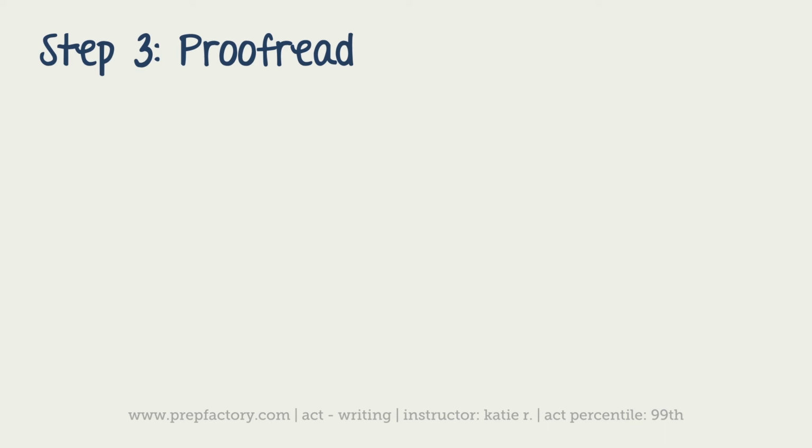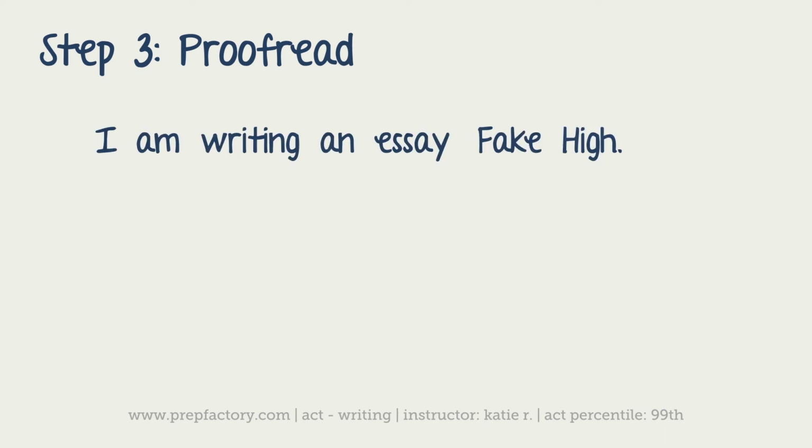Okay, in terms of proofreading, the idea is be very neat and organized. So, I have written a sentence. I am writing an essay, fake high. Pseudo high would also work here.